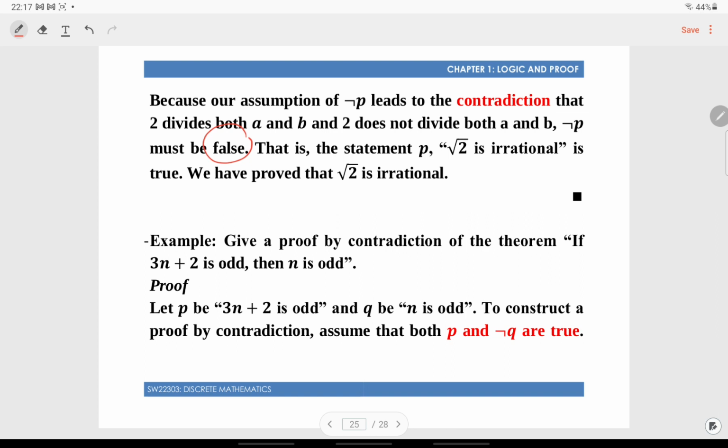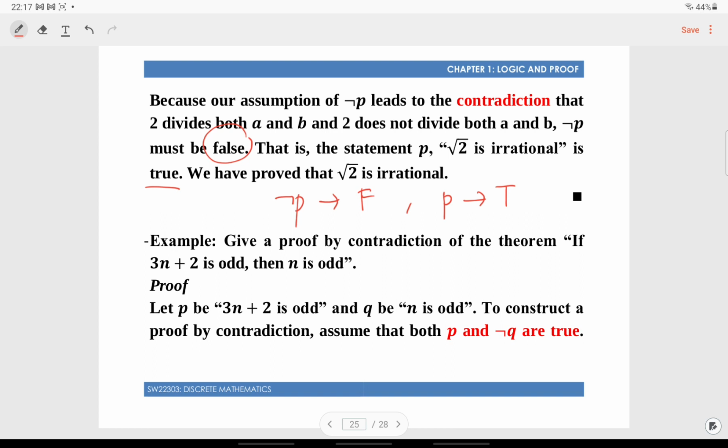So the statement p, that square root of 2 is irrational, is true. Because not p is false, then p must be true. So our original statement p is true, and from that we have proved that the square root of 2 is irrational.